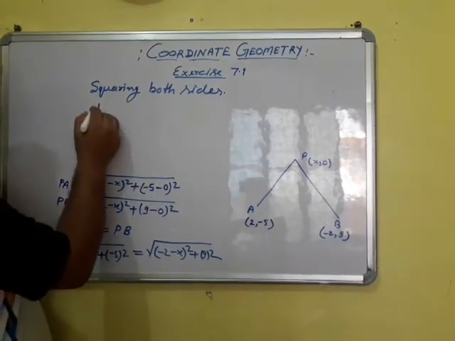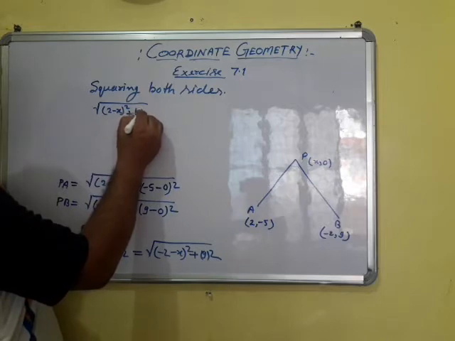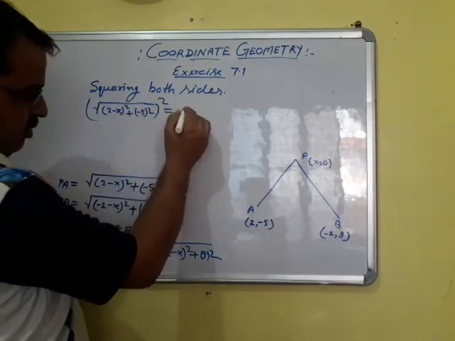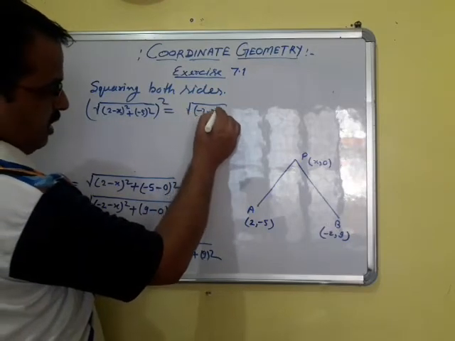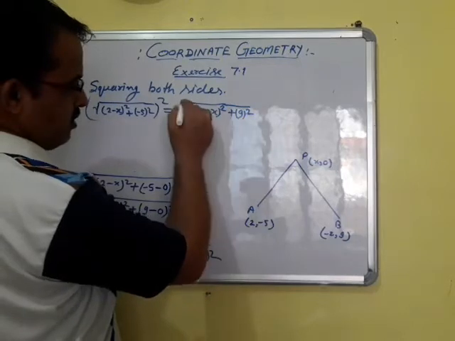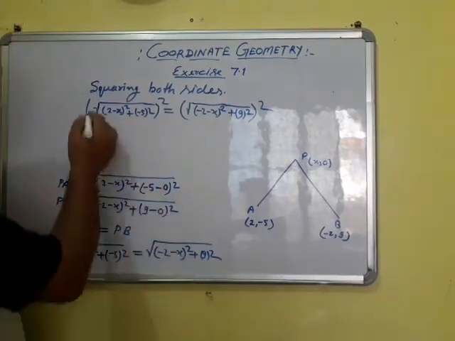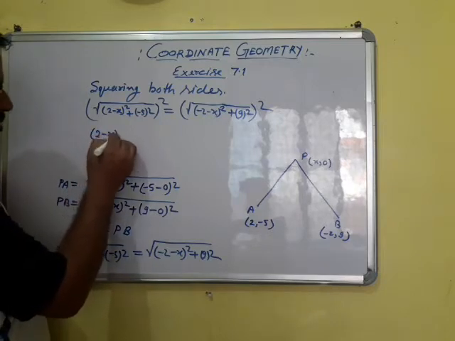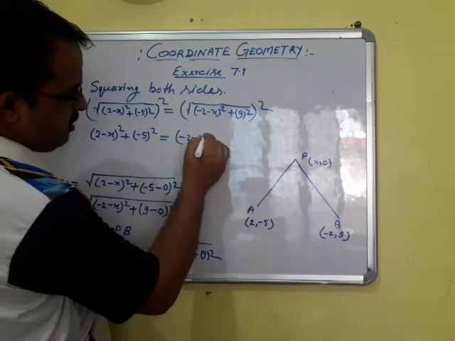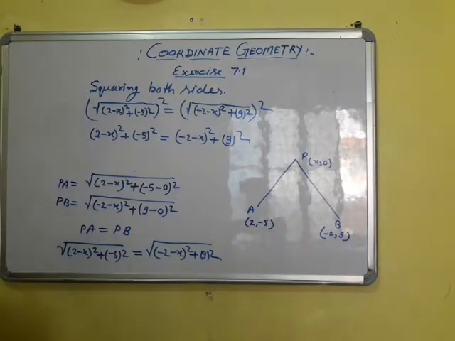When we square, the root cancels, so we can write: (2 minus x) whole square plus (-5) whole square is equal to (-2 minus x) whole square plus 9 whole square. Clear?